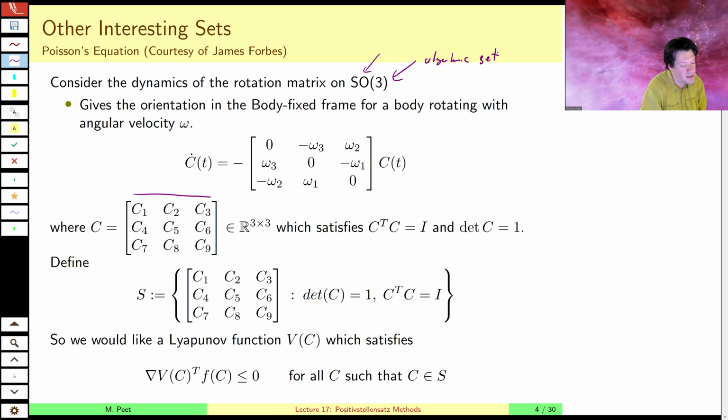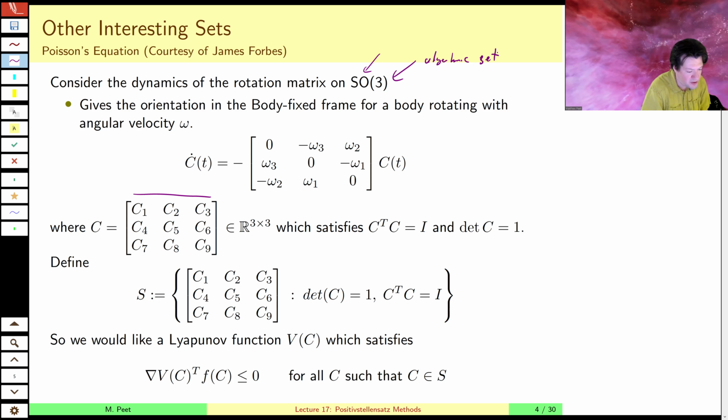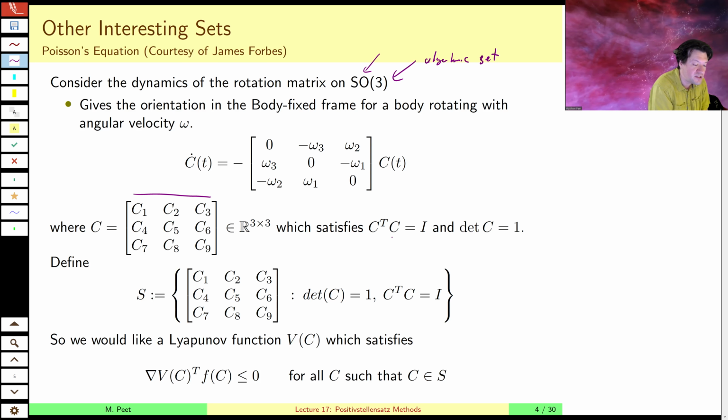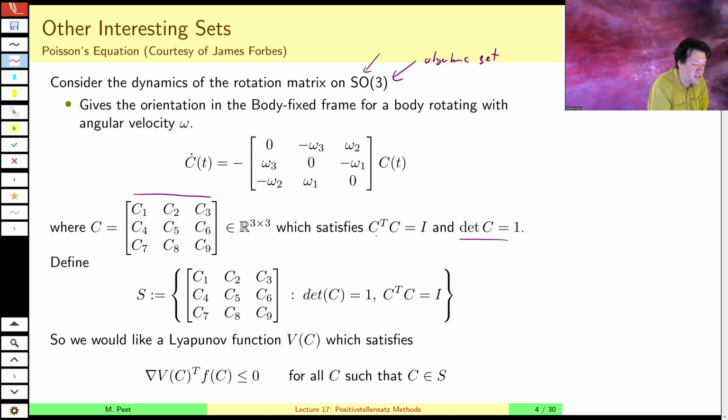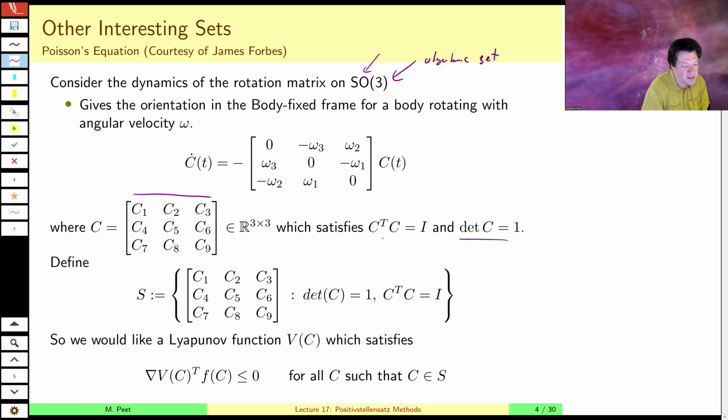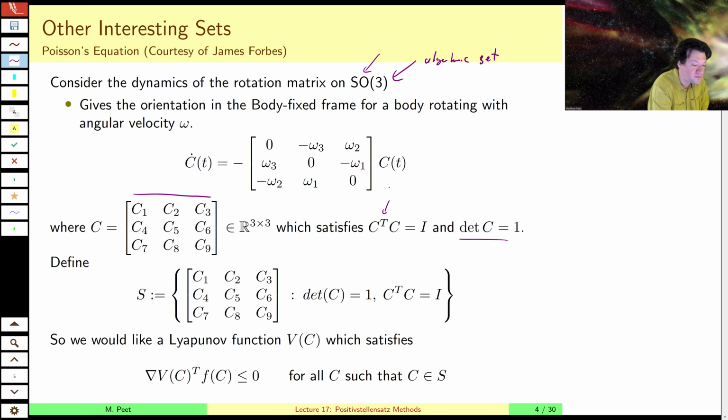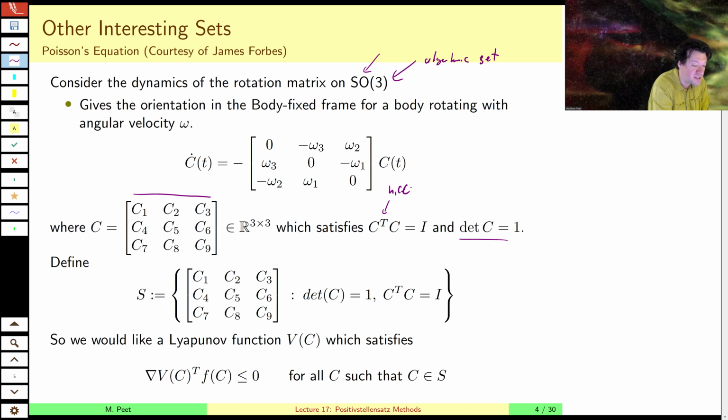The necessary and sufficient conditions for it to be a rotation matrix are that C transpose C equals the identity matrix, and the determinant of C is equal to 1. So if C is our variables, this is an h1 of C, I guess.